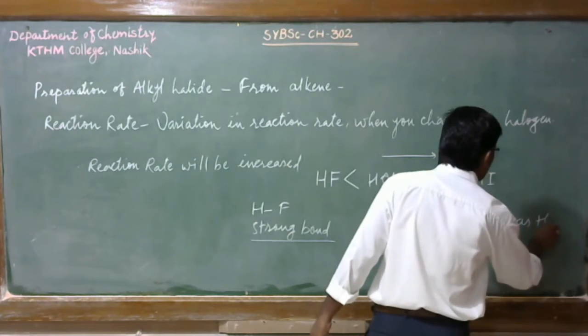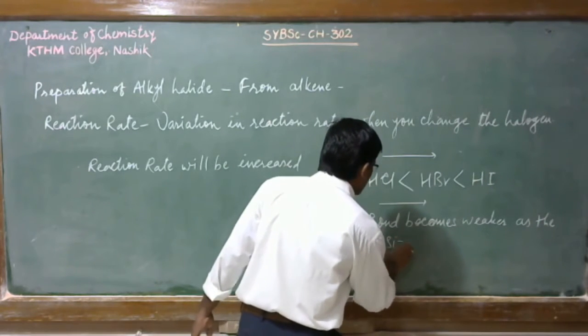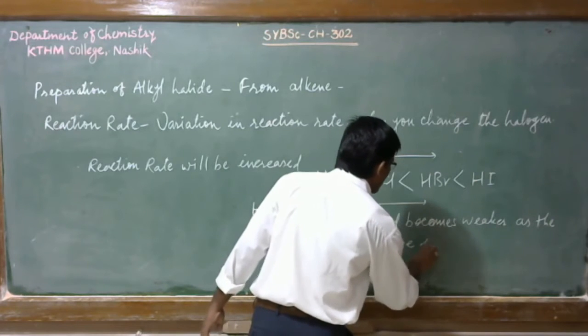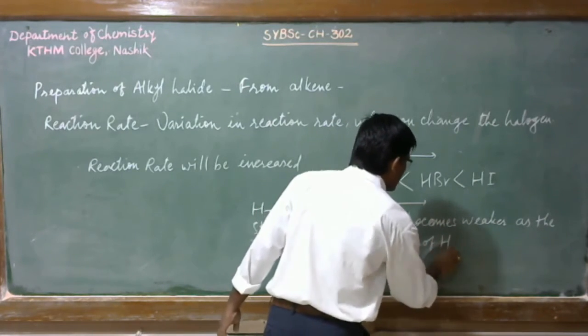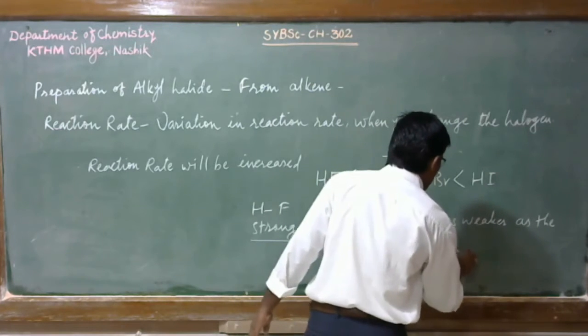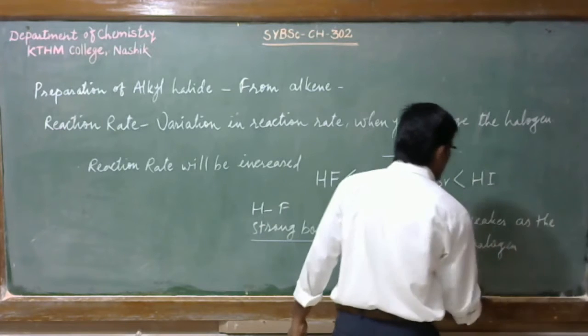The bond becomes weaker as the size of the halogen increases.